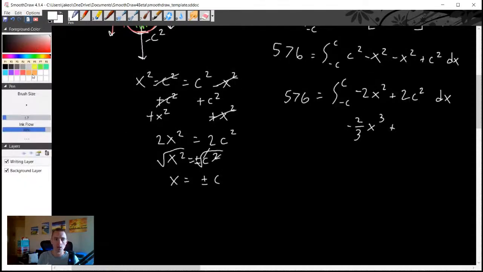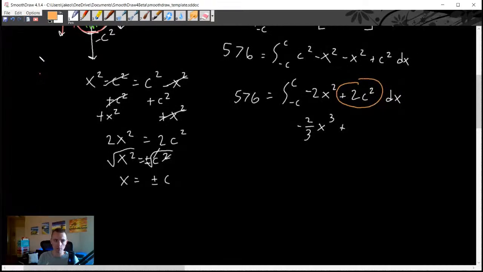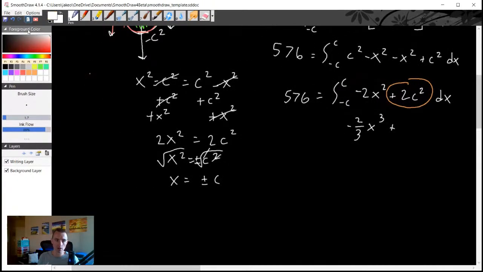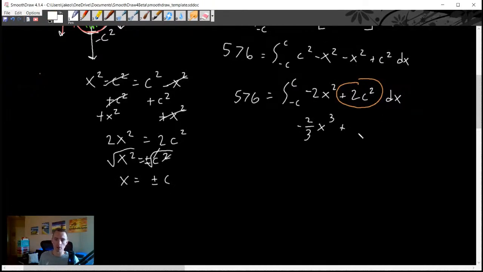So this whole plus 2c squared term right here, this is just one big constant. So the reason why I bring that up is, well, how do you integrate a constant? Well, the integral of a constant is just that constant times x. So that is the integral there.